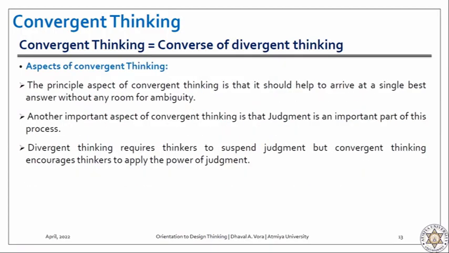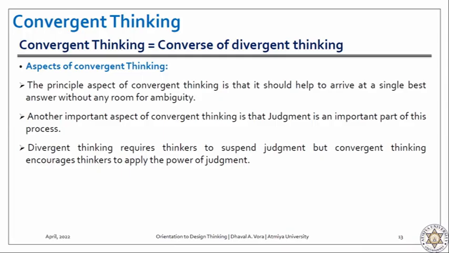Aspects of convergent thinking. The principal aspect of convergent thinking is that it should help to arrive at a single best answer without any room for ambiguity. Here, ambiguity means the possibility of being understood in more than one way. The same solution can be understood in different ways.